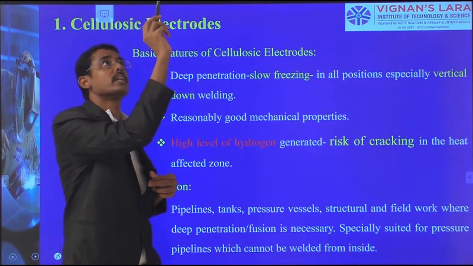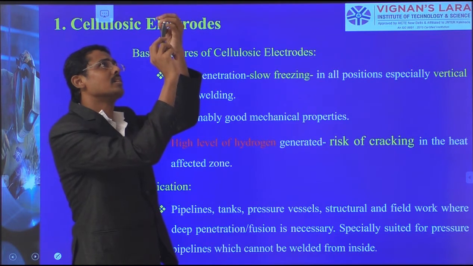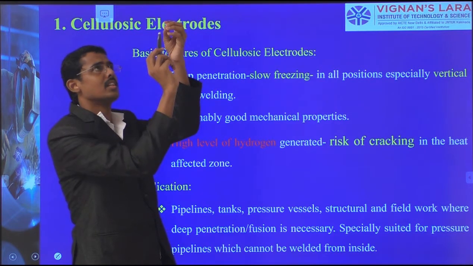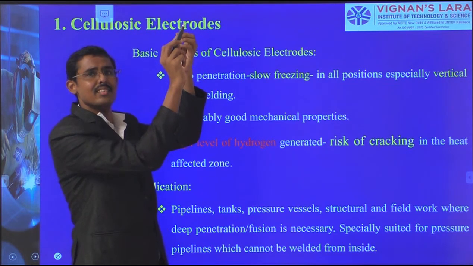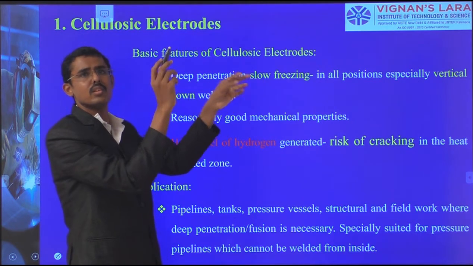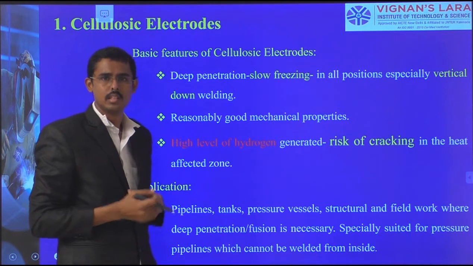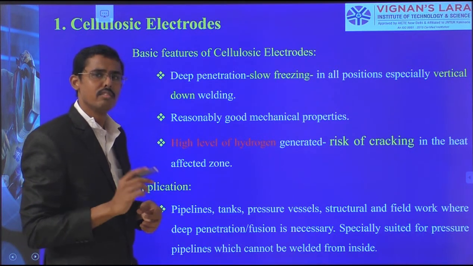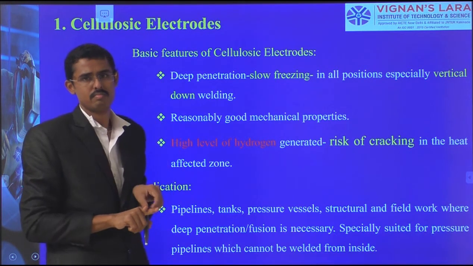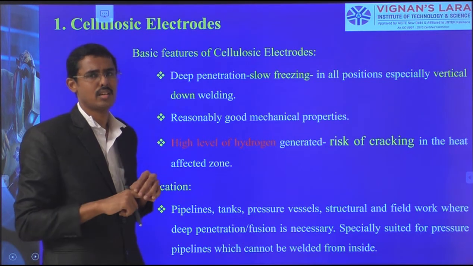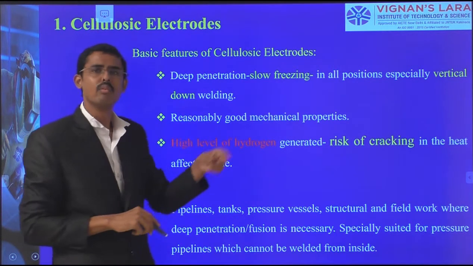If doing vertical upward, the molten metal contains more fluid and is not fixing there. It also freezes slowly. Slowly it will freeze. Therefore, the molten metal will fall down. Therefore, it is not applicable for overhead portions.